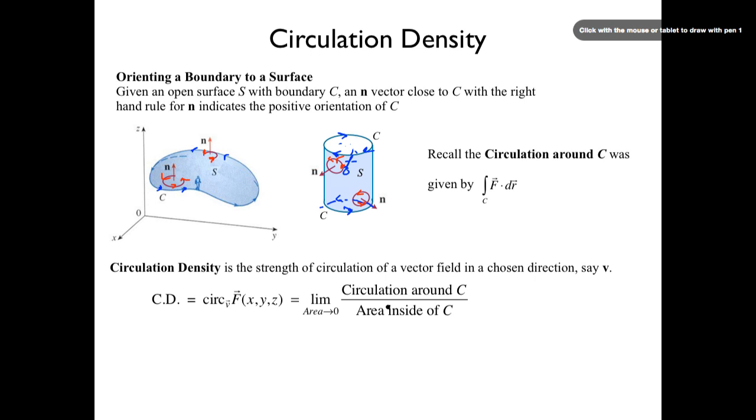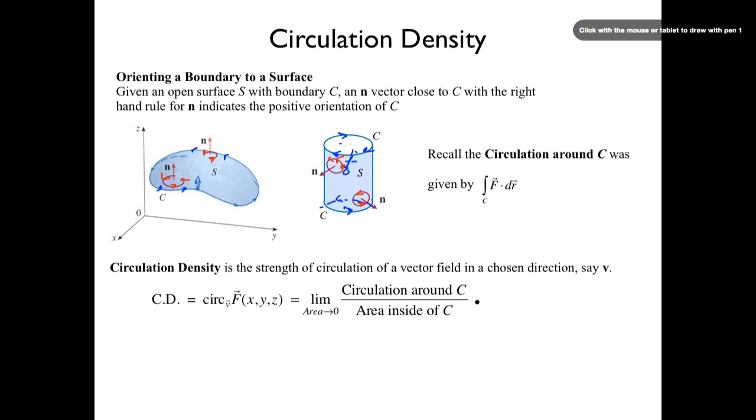Right? So if you imagine a large area and a low value of circulation, right? You imagine there's not very much strength of circulation there. But you get a very high value of the line integral of circulation for a low area, then you have really strong circulation force, right?